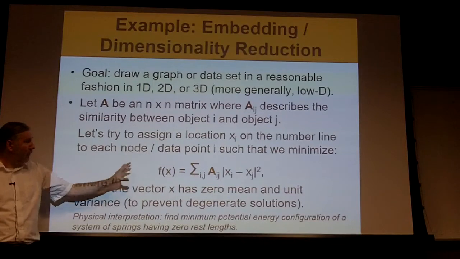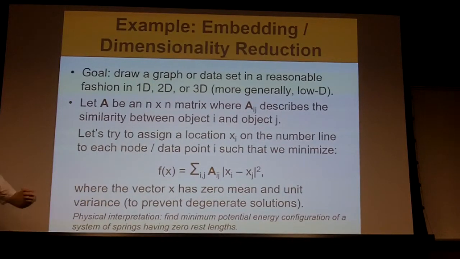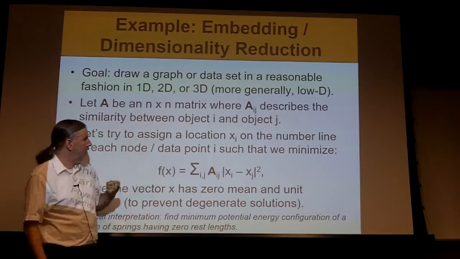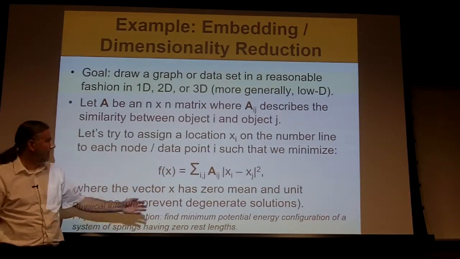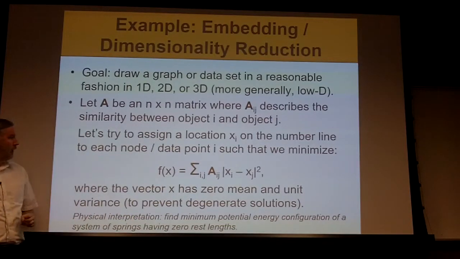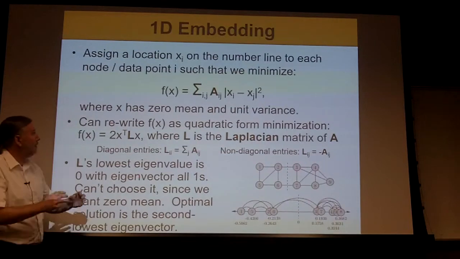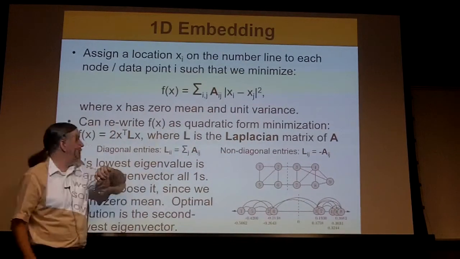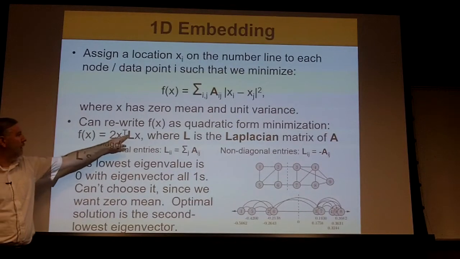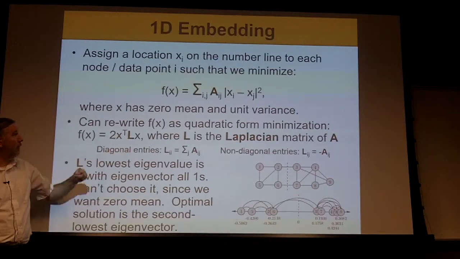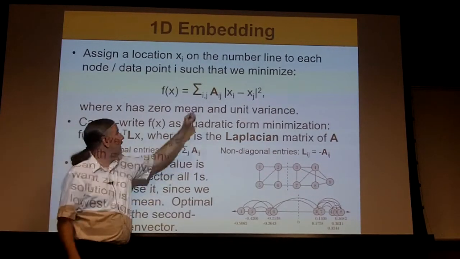So this is a really clean formulation for one-dimensional embedding, sequencing, ordering problems. Basically, find a minimum potential energy configuration that has 0 mean, unit variance, that minimizes this quadratic function. And as you might suspect, you can do a little bit of algebra and express this exact objective as a quadratic form. So it's x transpose times L, which is the so-called Laplacian matrix of A, times x.